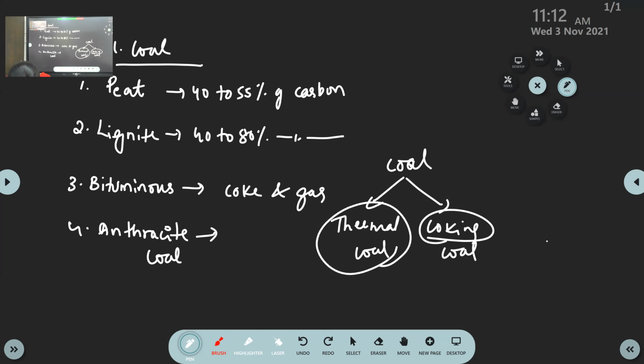Bokaro, comma, Dhanbad, comma, Jharia, comma, Ramgarh.